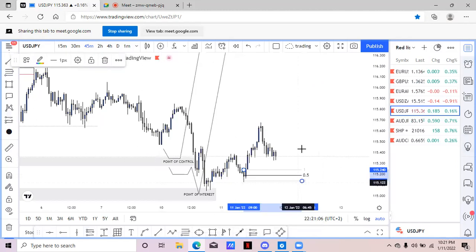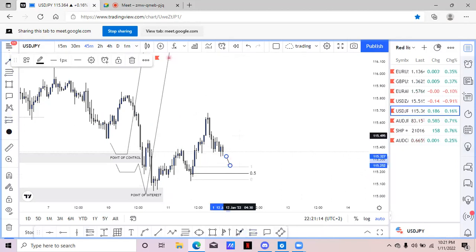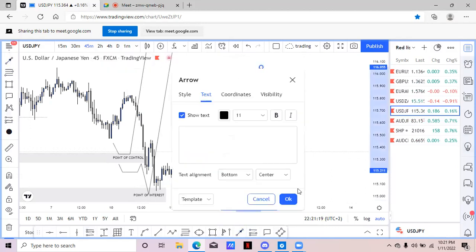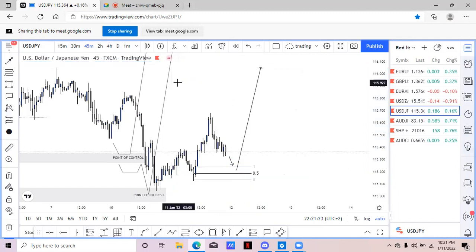So I can say we have the break of structure here, and then the market can push till here, and then we still get to push it to the upside. See, all the way up. Get it? Or you don't get it?